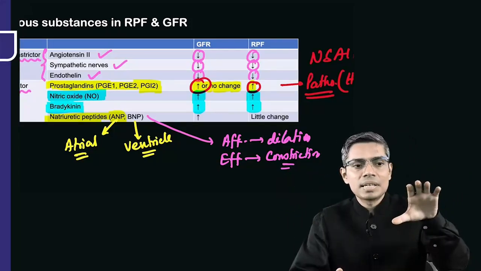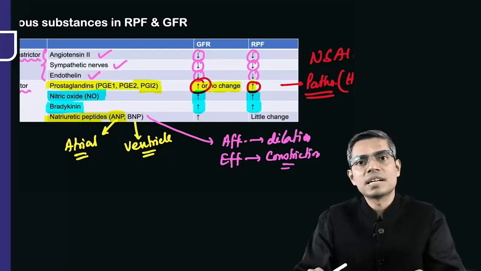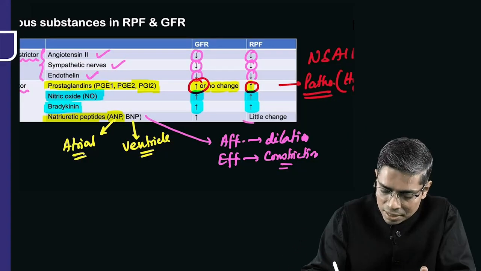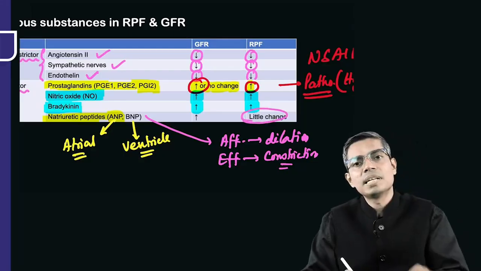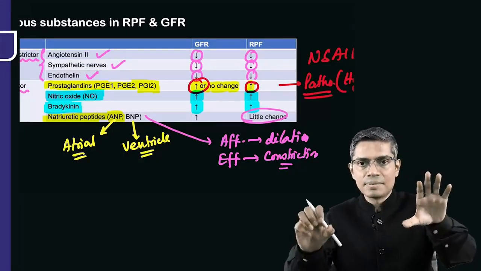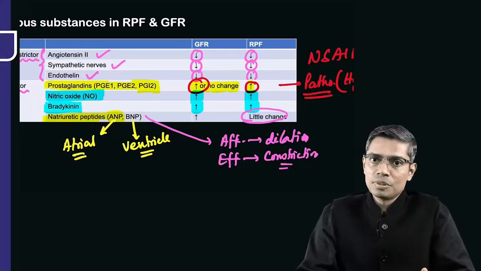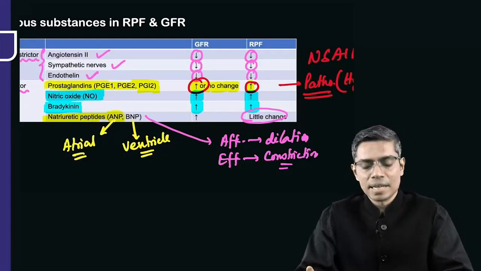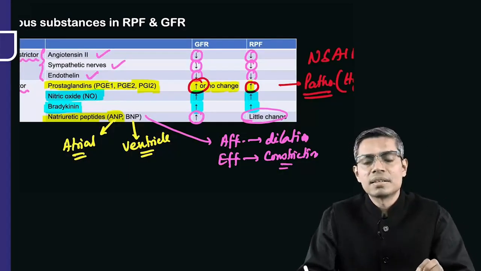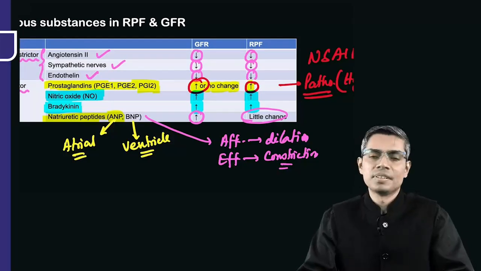You are dilating afferent, so resistance is decreasing. You are constricting efferent, so resistance is rising. There will be balancing, and that's why it is not changing the renal plasma flow much. And because of the little change in plasma flow, GFR is also not changing significantly, but the net result on GFR is a little rise in the presence of ANP and BNP.